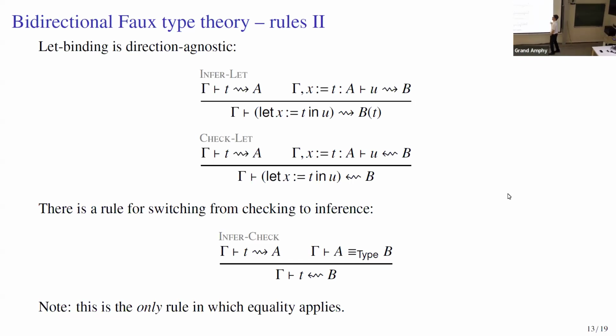So if I tell you that we're checking, then it's deterministic. If I don't tell you anything, I mean, but it's a bit like this. If I just give you a term, the only thing you could possibly do is infer. If I give you a term and a type, well, presumably you're going to check. So in a way, it's still deterministic, except in this case, no, even in this case, it's not a problem.